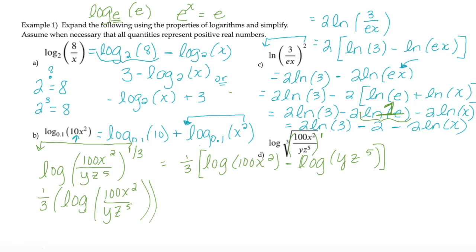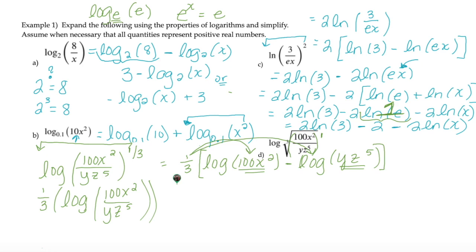Since I have a lot of things happening on the inside here, I'm going to rewrite this a couple of ways. I'm going to combine a couple steps. I know I have to distribute this 1/3 to both of my pieces inside, but at the same time, I know that we are going to undo the multiplication inside our parentheses.